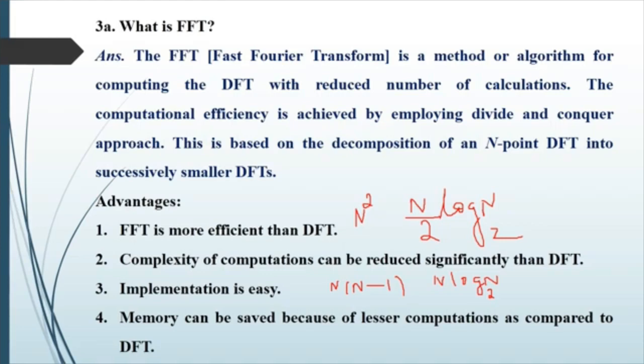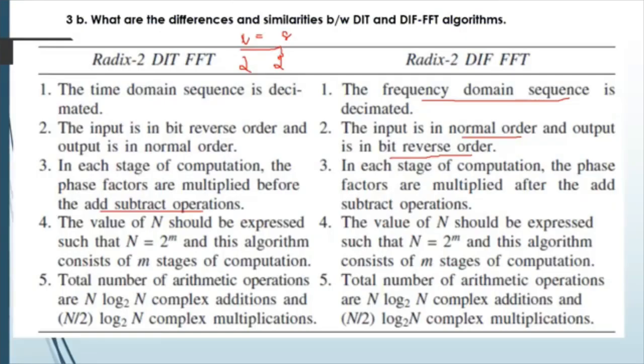These are the formulas used to find the multiplications as well as additions in both FFT and DFT, and from the computation we know that FFT is several times more efficient and faster than DFT. Implementation of FFT is also easier than DFT, and we can save a lot of memory because the number of computations is reduced compared to DFT.